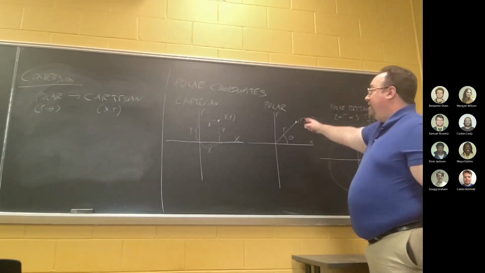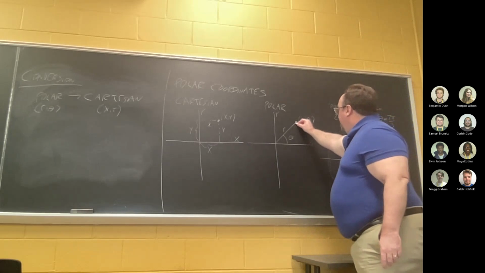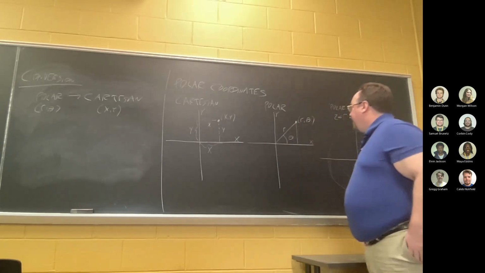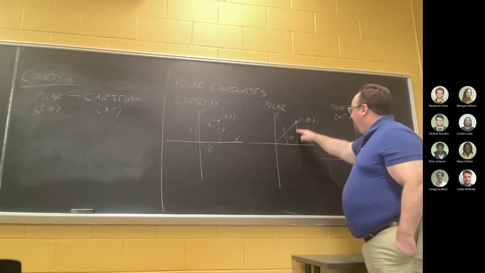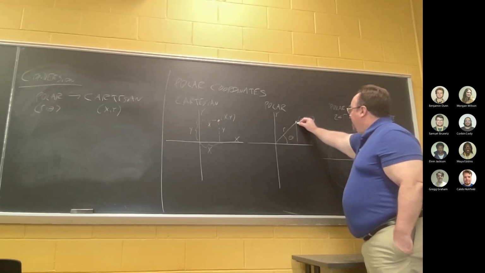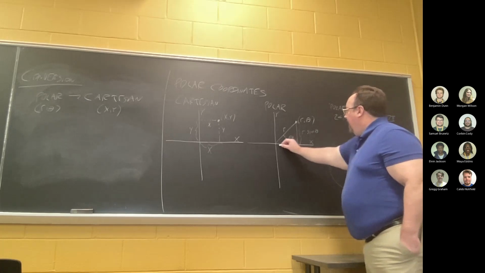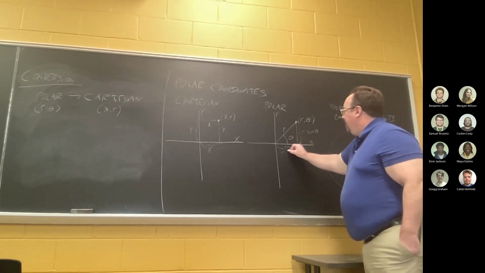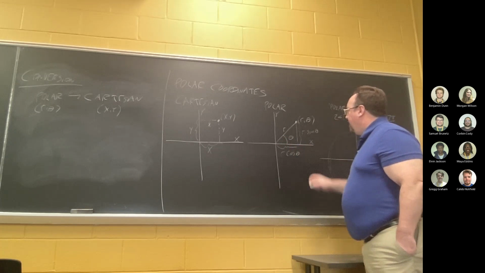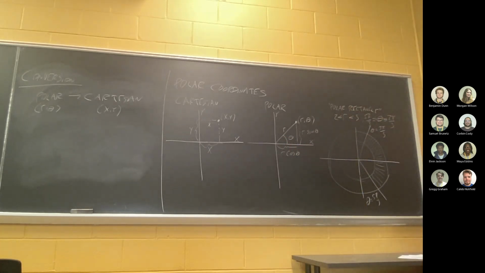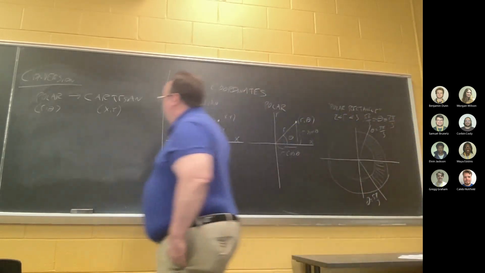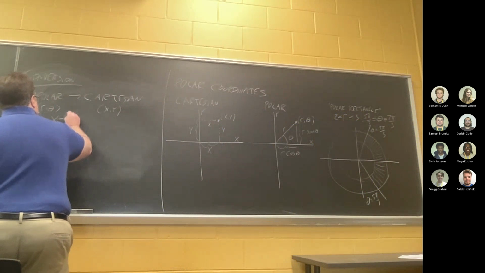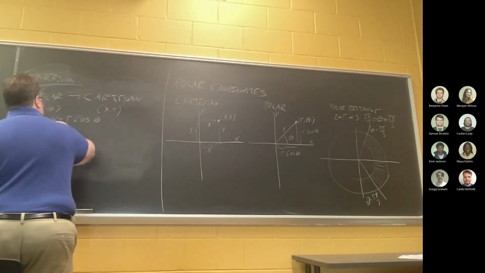Going back to this picture, by right triangle trigonometry, this vertical distance is r sine theta, and this distance is r cosine theta, using opposite over hypotenuse and adjacent over hypotenuse. So that's how we convert from polar to Cartesian.